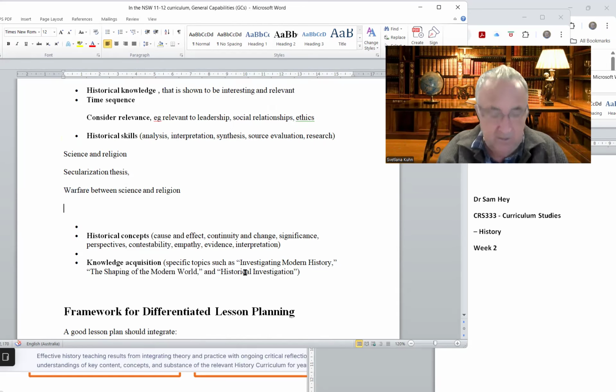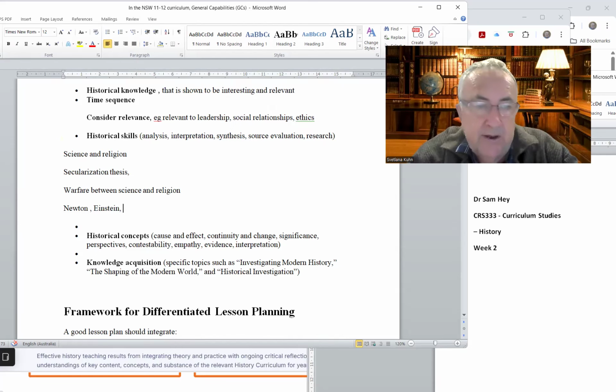Similarly, if you read Isaac Newton, you find that Newton writes about God and the Bible. If you read Einstein on science and religion, you find he writes about the value of spirituality and religion.